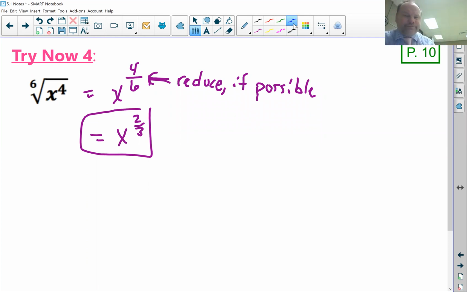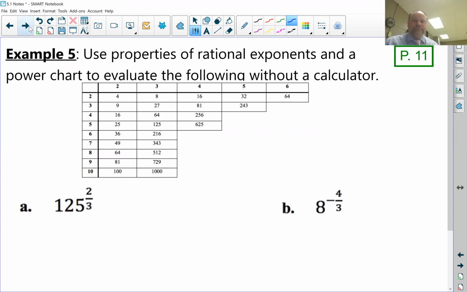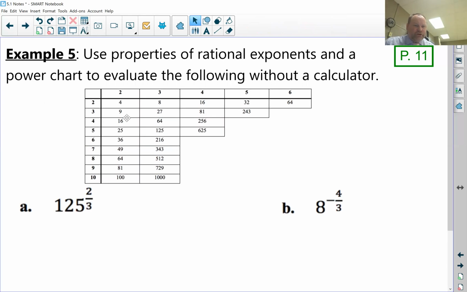All right. So now we're going to use the chart and properties of rational exponents to evaluate the following without using a calculator.